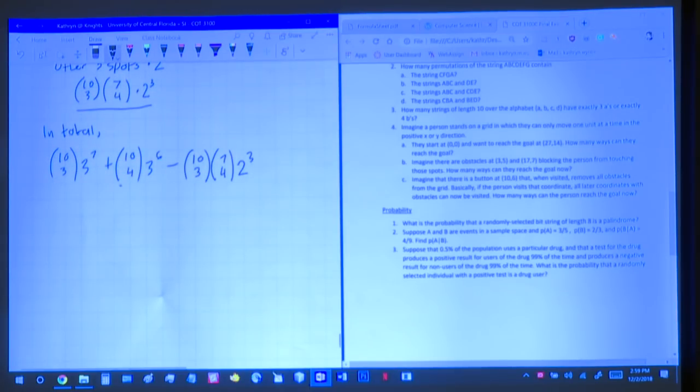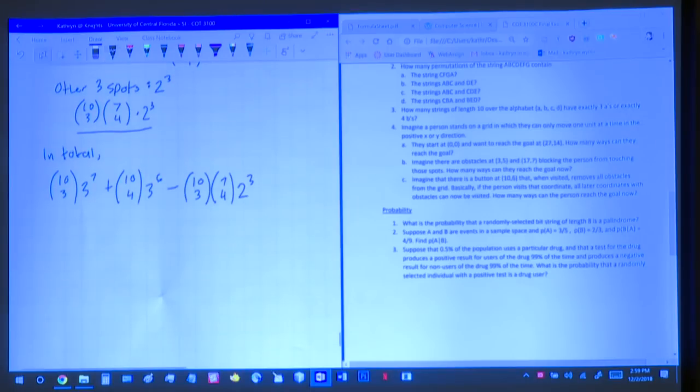So we had to add these 2 together, and then subtract this one, because some of these permutations with 3 A's could also have 4 B's, and these ones with 4 B's could also have 3 A's. So they get double counted when we add these 2 together. So then we just subtract when they have both.